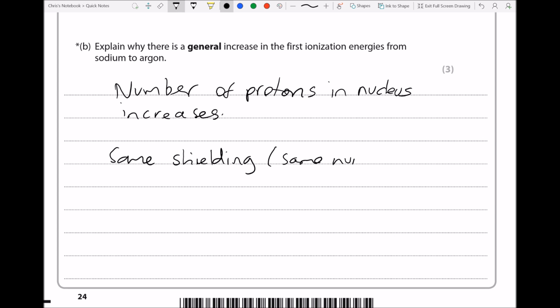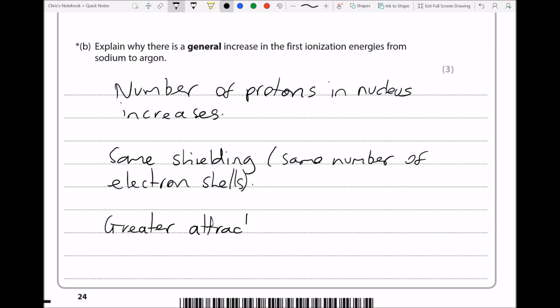We can say we've got the same number of electron shells. Okay, and then what that means is we have greater attraction between the nucleus and electrons.